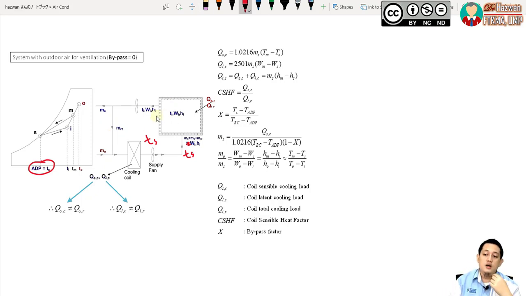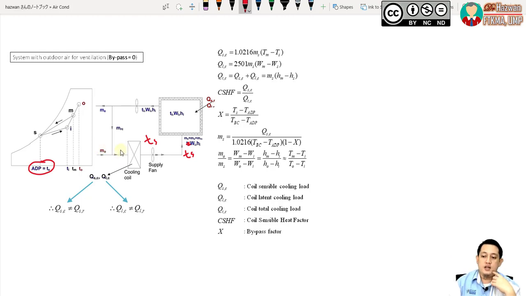If you look at this flow, the air that is leaving this room will be separated into two parts. The first part will be released to the environment. The other part will move back into this cycle. So this part and the part from the outside will be mixed together.